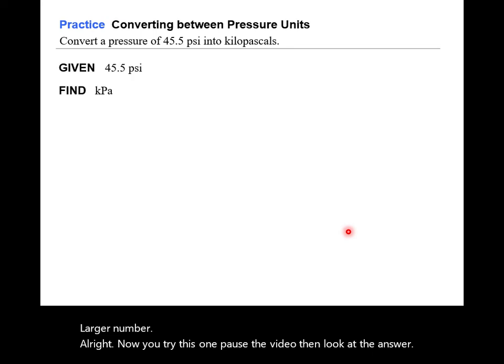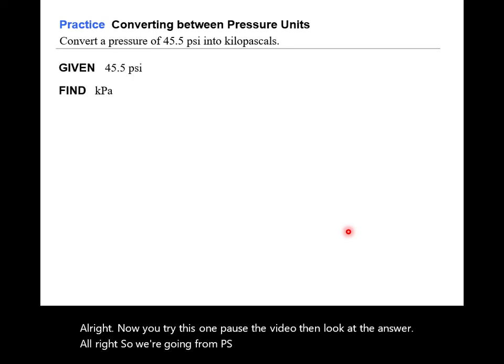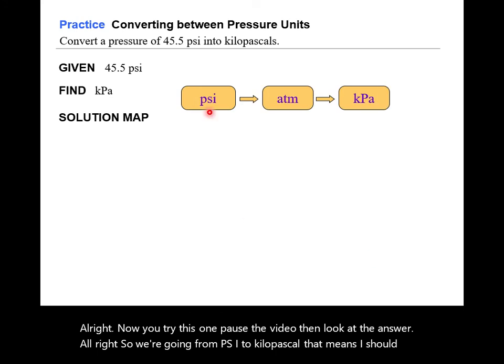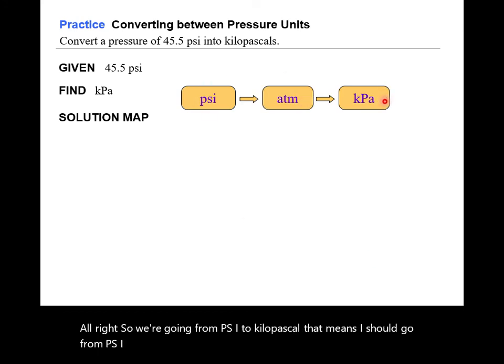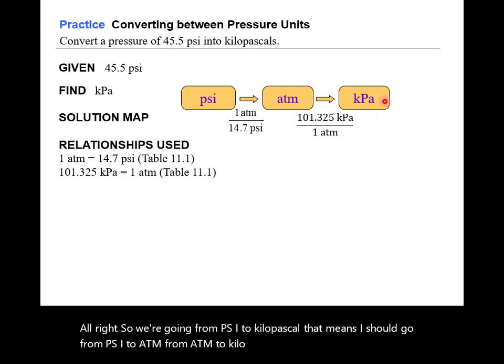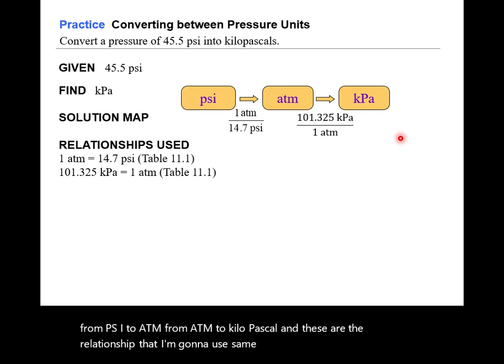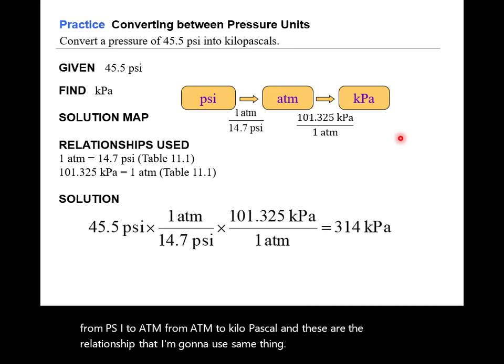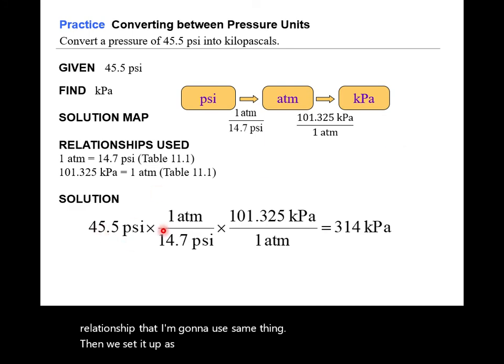All right, so we're going from psi to kilopascal. That means I should go from psi to atm, and from atm to kilopascal. These are the relationships that I'm going to use. Same thing, then we set it up as follows. 45.5 psi times 1 atm over 14.7 psi will allow me to convert to atm.